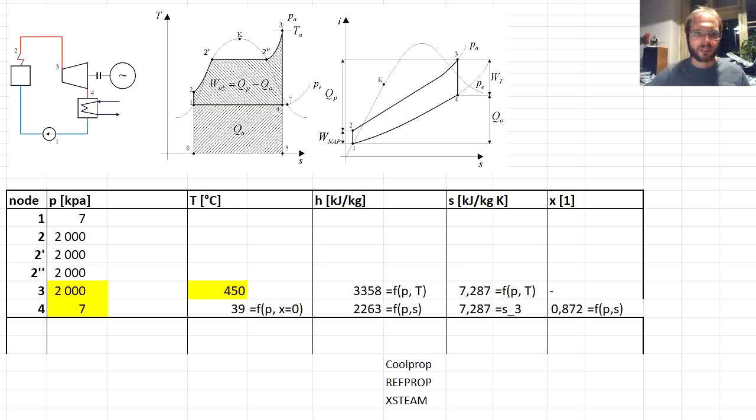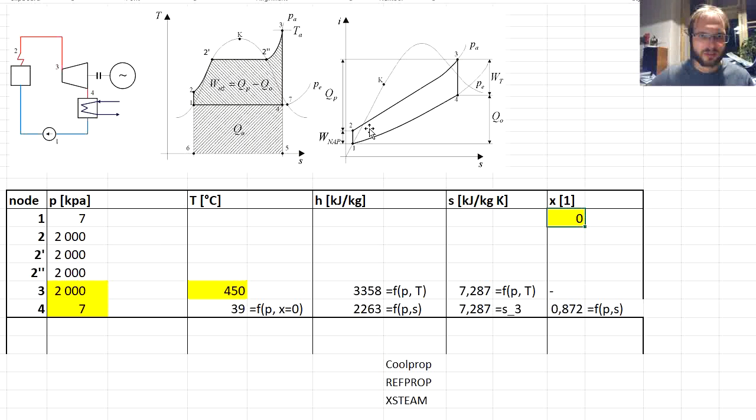Now let's have a look at the remaining nodes of the cycle. In the point 1, over here, we said that the condenser outlet is at the saturated liquid point. That means the quality at this point 1 is 0. So that's one of the inputs into the system.